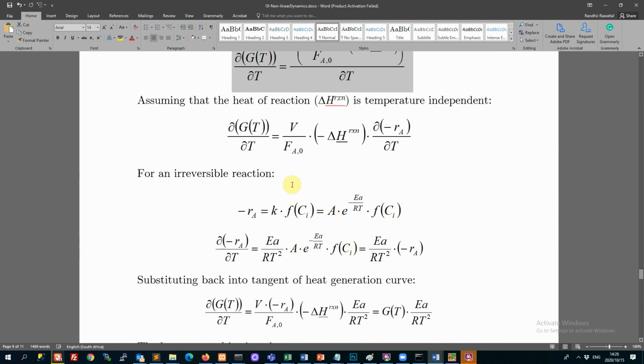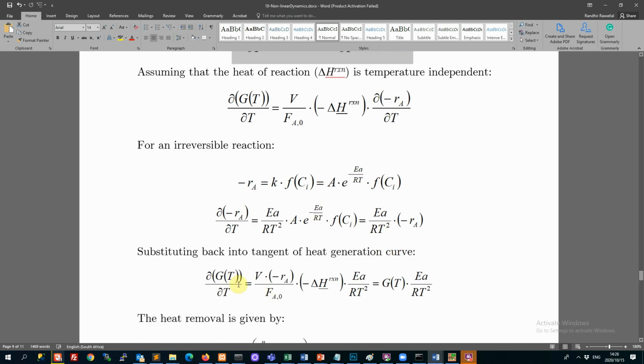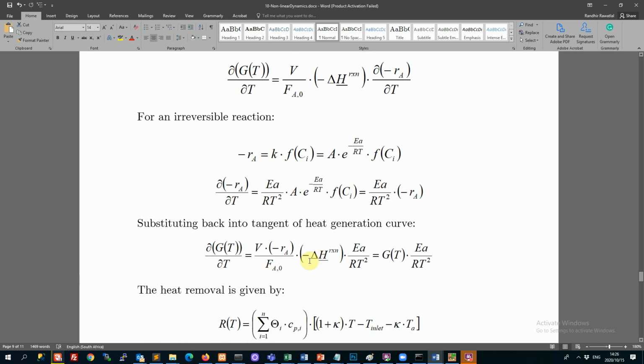Depending on what kinetics you have, you can substitute your rate expression here. You would basically end up differentiating your Arrhenius term. If you differentiate that with respect to temperature, clearly you'll get something like this. So that's your dG/dT, and you can substitute that here.